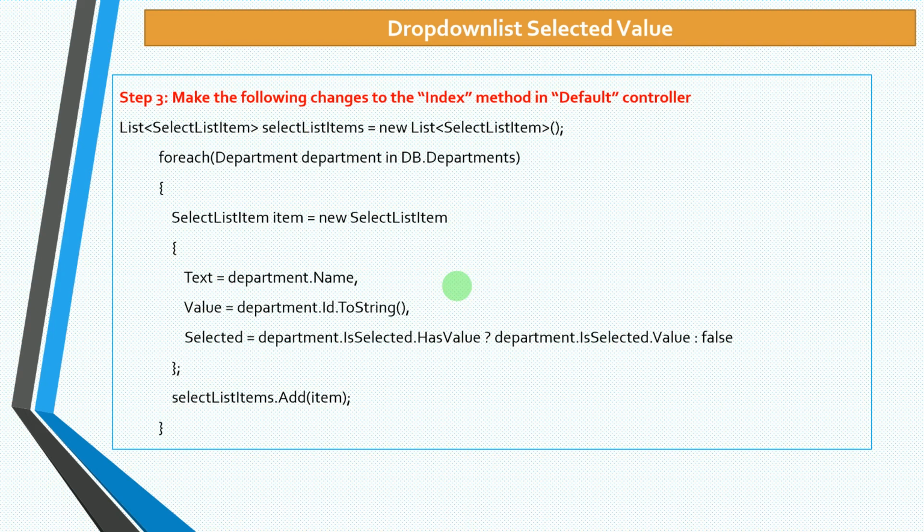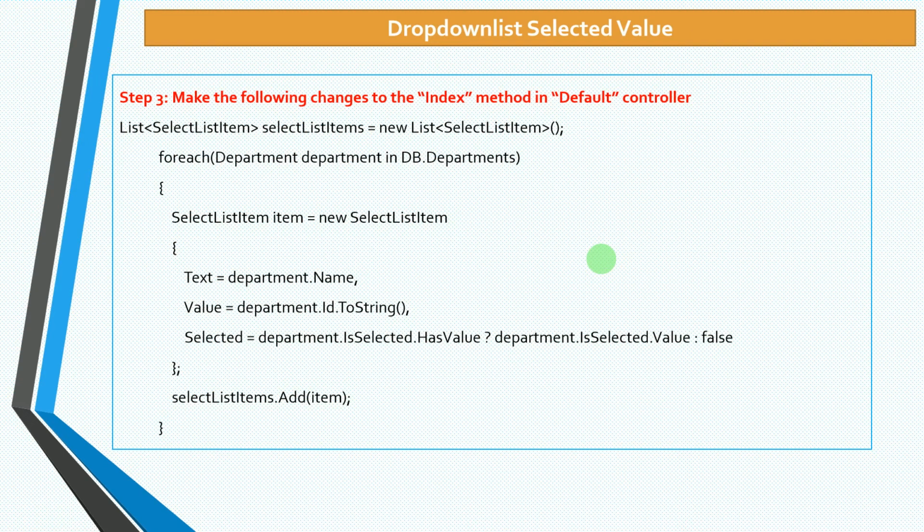So when the list is loaded from the table, at that time I will update the data. For that I will add this code: a List of SelectListItem, selectListItems equal to new List of SelectListItem, and for each department I will take the text value and selected value, and add them into this SelectListItem list and then generate it.